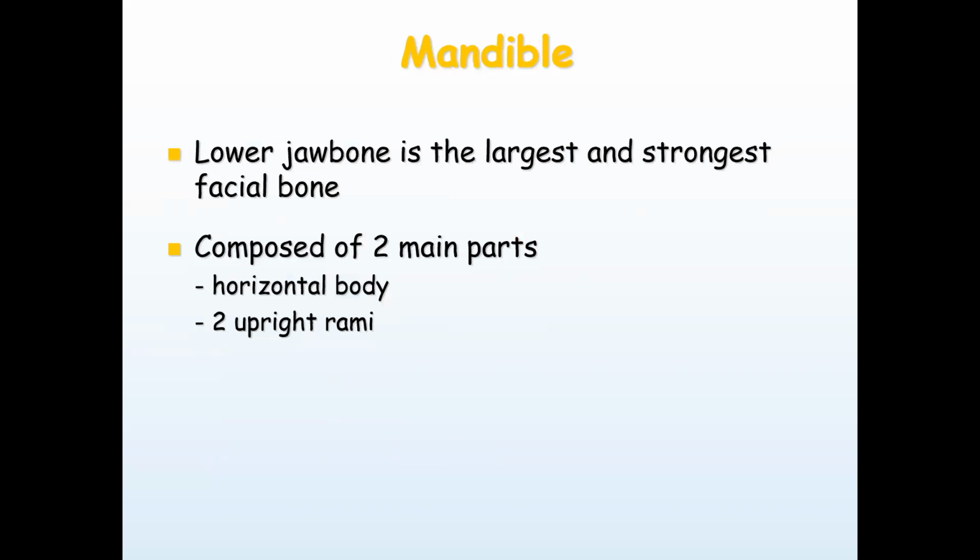Now, the mandible, the jawbone, the lower jawbone, is the strongest of the facial bones, right? If you think about it, when you put something hard in your mouth, like, I don't know if you ever had one of these jawbreakers. What is a jawbreaker? A jawbreaker is just layers and layers of sugar, right?